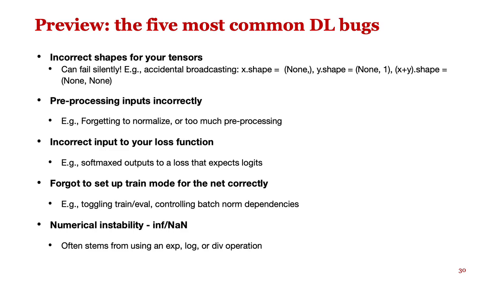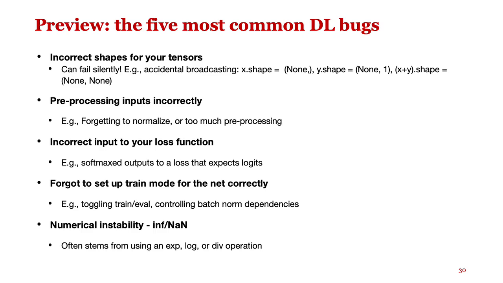The first of all is the incorrect shapes of your tensors. And the issue with that is that it can fail silently. So what this means is that the shape of your tensor, the amount of dimensions you might have in X, Y, Z, or the ordering of X, Y, and Z, and where the channels are and things like this. Accidental broadcasting, making sure that you're not broadcasting the tensors to different dimensions.